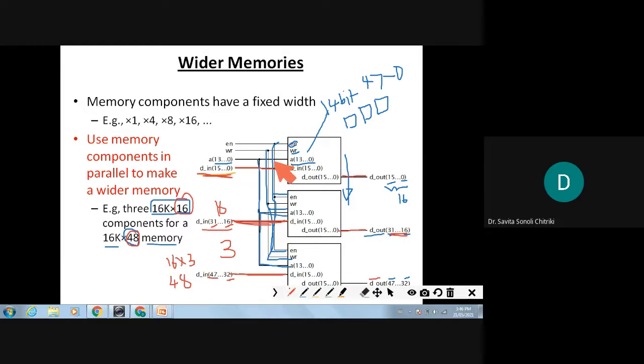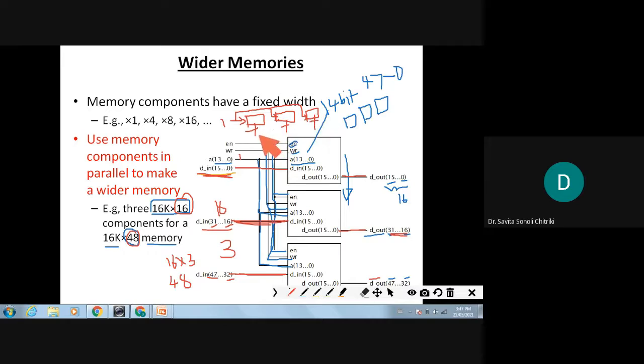When I give the same address, what will happen? Think now. If I give the address as 1 on all three memories, and the address bus is connected the same, what data do I get from here, from here, and from here?